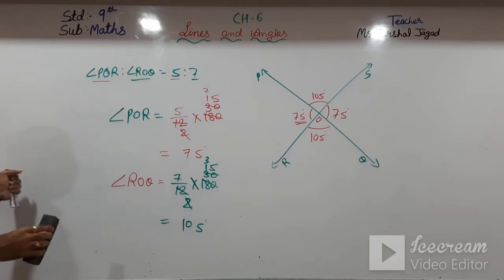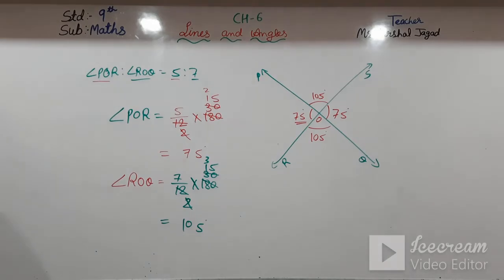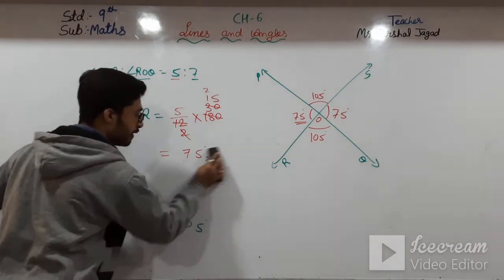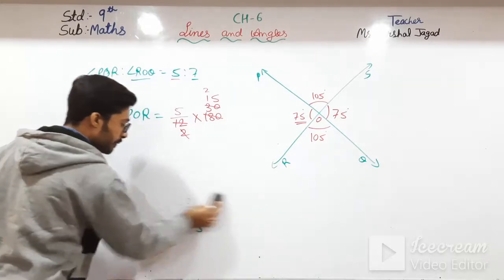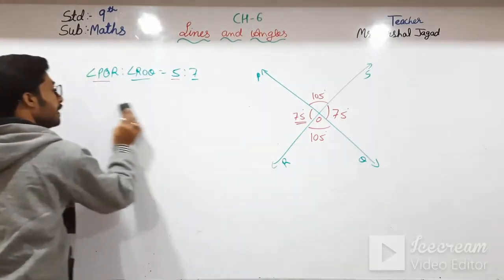Making a figure, but before that let me check the time. What is the time of the video? Oh, I think we can't calculate the next example. Okay students, let me explain it orally.